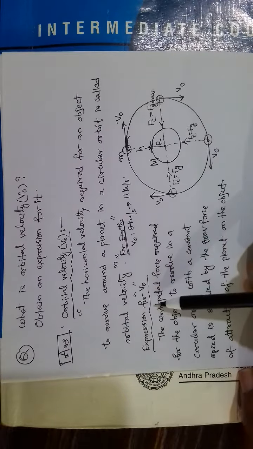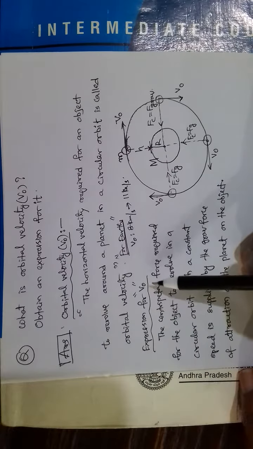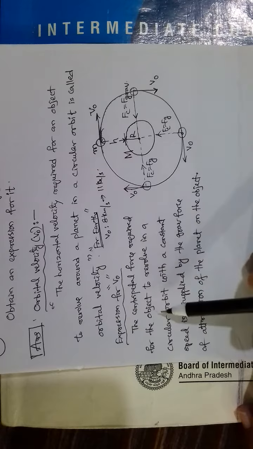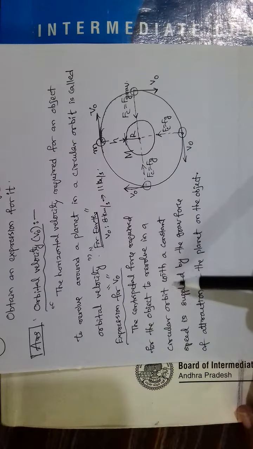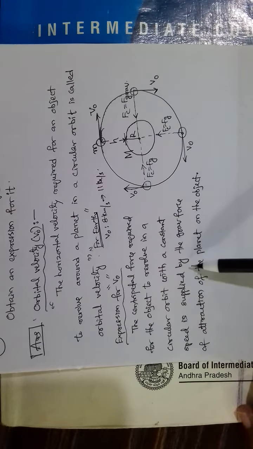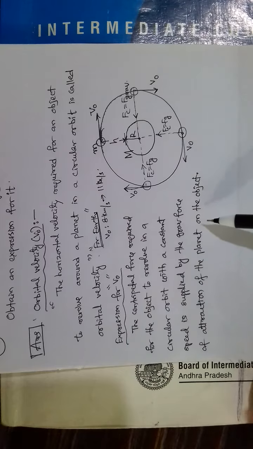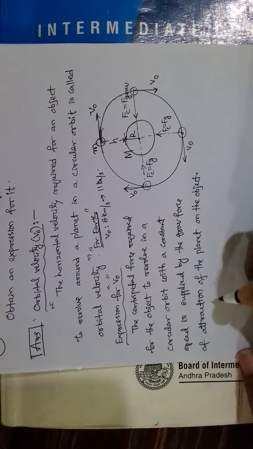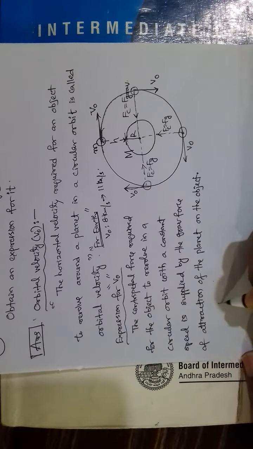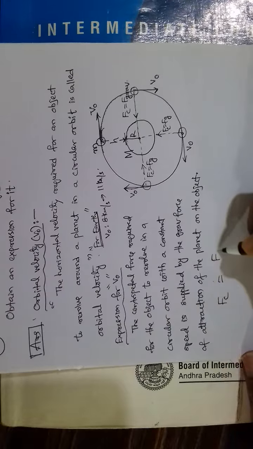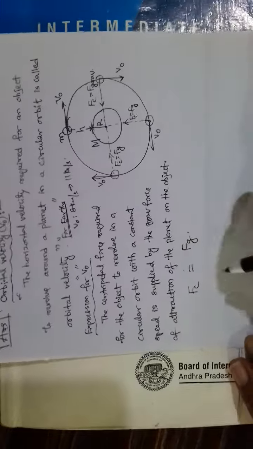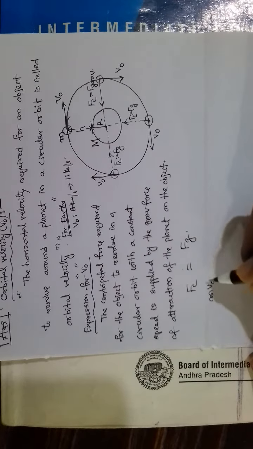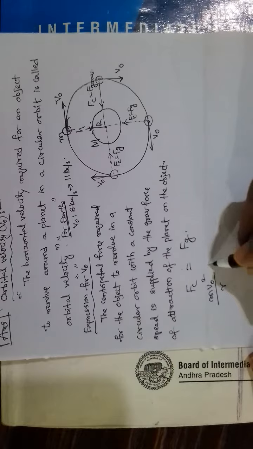Now let us find the expression for orbital velocity. The centripetal force required for the object to revolve in a circular orbit with a constant speed is supplied by the gravitational force of attraction of the planet on the object. So here I will write Fc is equal to Fg. The expression for centripetal force is mv square by r.